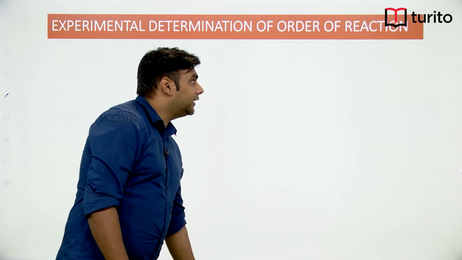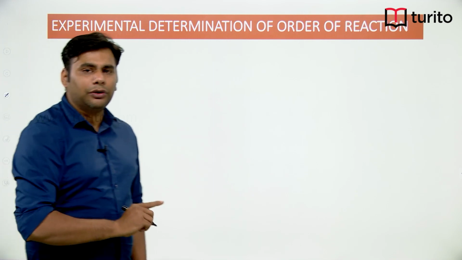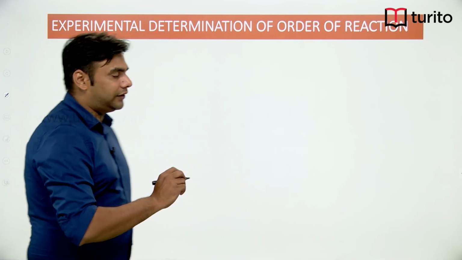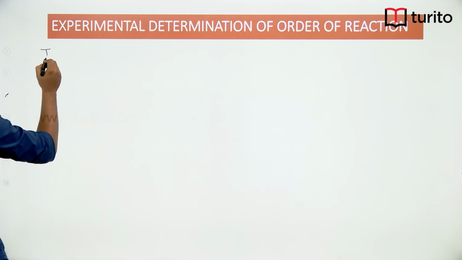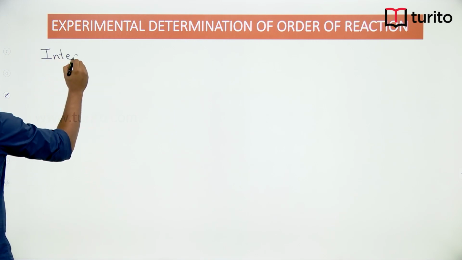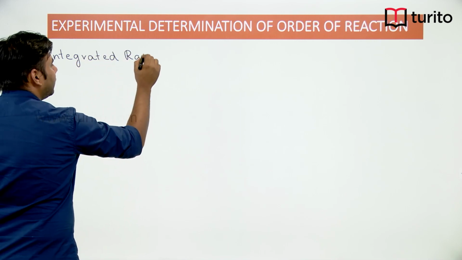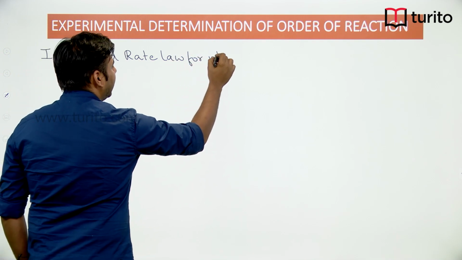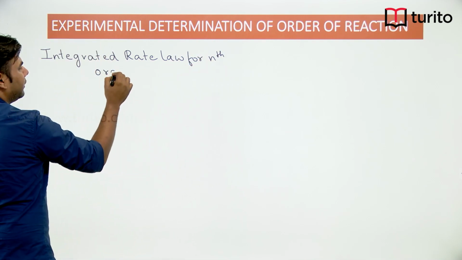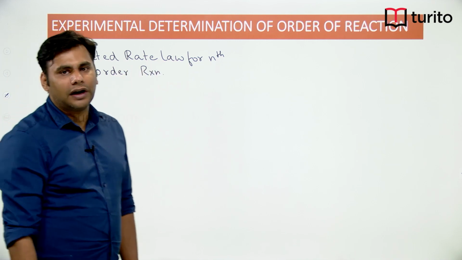Now for this, let us first derive the rate equation for an nth order reaction. So we are going to write the integrated rate law for an nth order reaction. This is basic integration which we have to carry out.